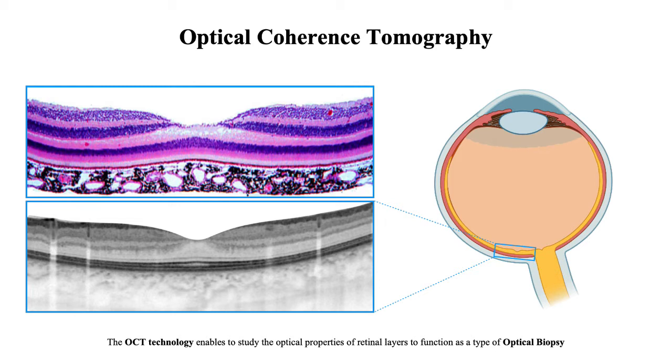The OCT enables us to study the optical properties of retinal layers to function as a type of optical biopsy. In fact, we see that this kind of retinal section is really similar to the one that corresponds to histology.